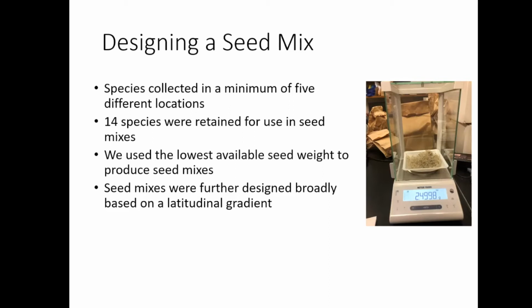This is partially due to the fact that we had 1 season to collect all this seed, so we just made do with what we had enough of. I used the lowest available seed weight for species to produce my seed mixes, as that was my lowest common denominator. Seed mixes were also based on latitude to account for some phenological differences.